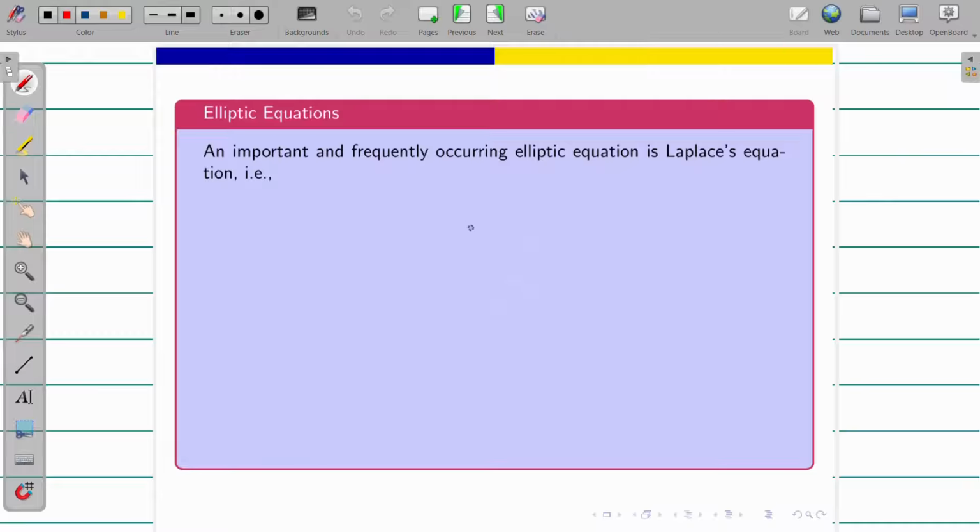A frequently occurring elliptic equation is the Laplace equation. We had this topic in the previous semesters also. It is nothing but ∂²u/∂x² + ∂²u/∂y² = 0, or it can also be written as ∇²u = 0, or u_xx + u_yy = 0. It is harmonic. You studied the harmonic concept also.